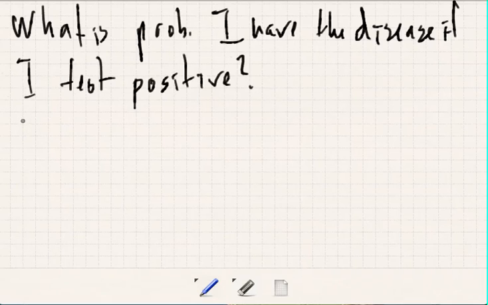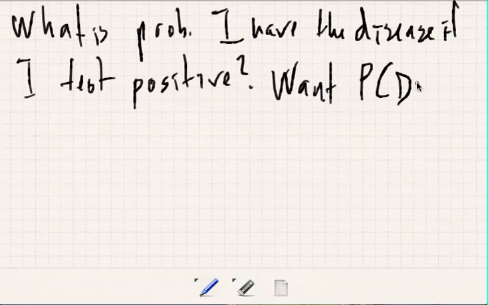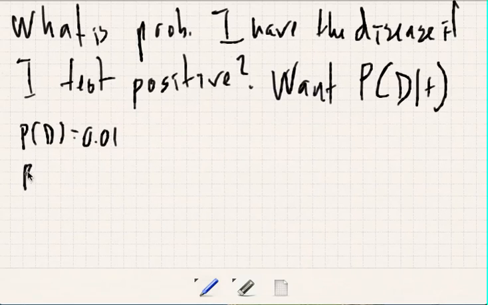So let's write out all of the information. What I want here is the probability I have the disease given that I tested positive. What information have we been given? The probability that you have the disease is 0.001. The probability you don't have the disease is 0.999.